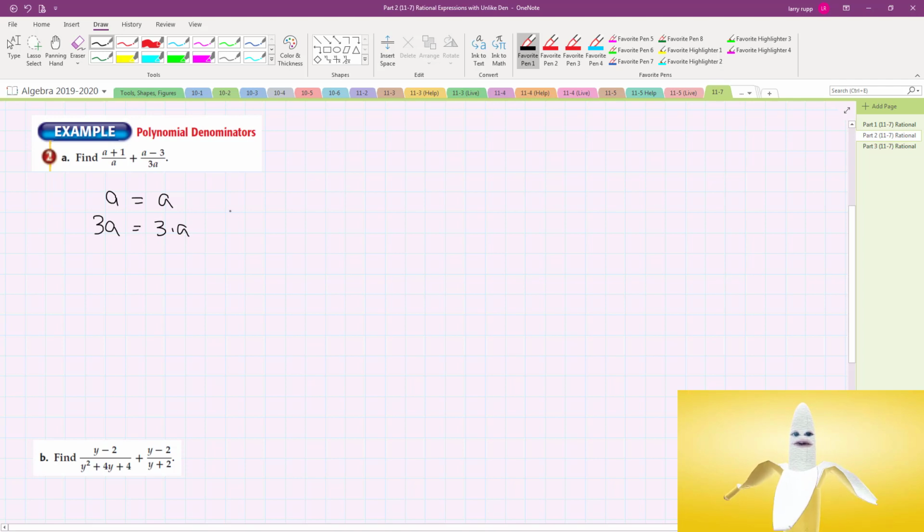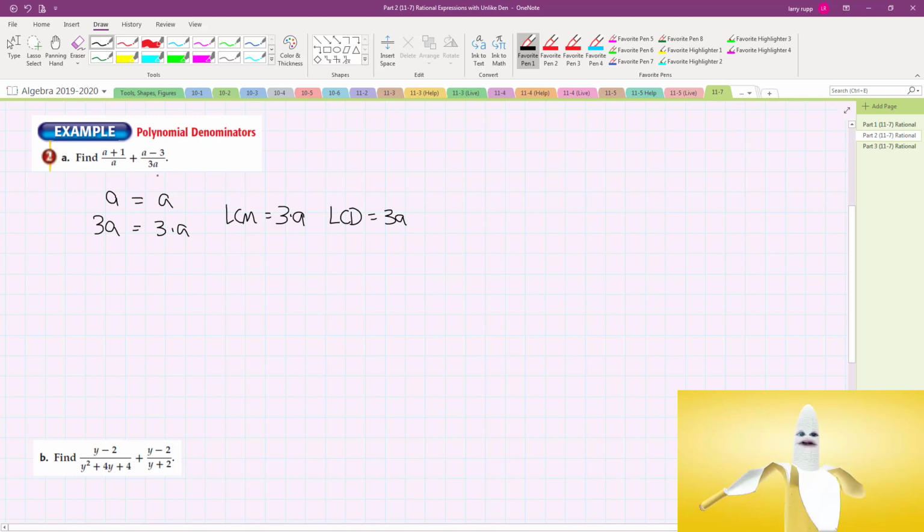So what's the LCM? Well, remember, we use each factor as many times as we can find it. So there's at least a 3, and there's at least an a. So our LCM is 3a. Now, since this is the denominator we want, the LCD is 3a.